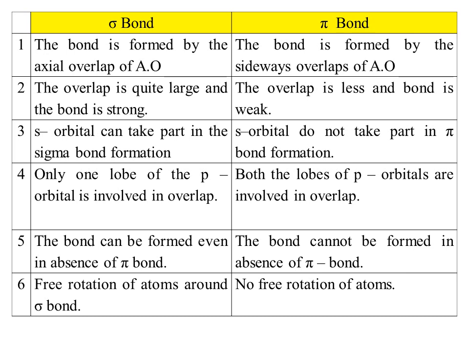Even though both lobes are involved, since the overlapping is not very strong, not complete, that bond is very weak. A sigma bond can be formed even in the absence of a pi bond, whereas a pi bond cannot be formed in the absence of a sigma bond. Free rotation of the atom around the sigma bond is available, whereas free rotation is not available in the case of the pi bond.